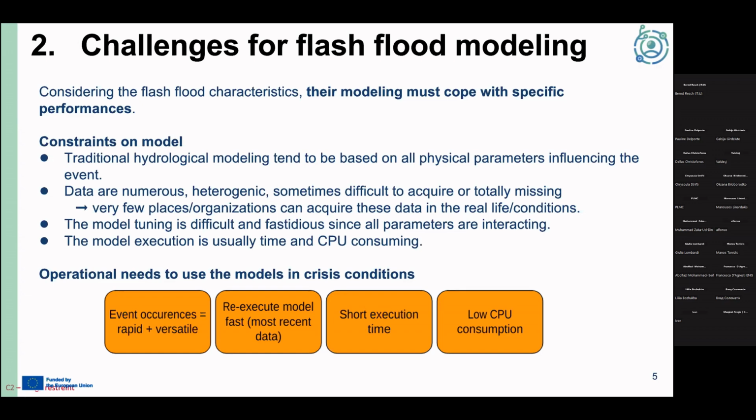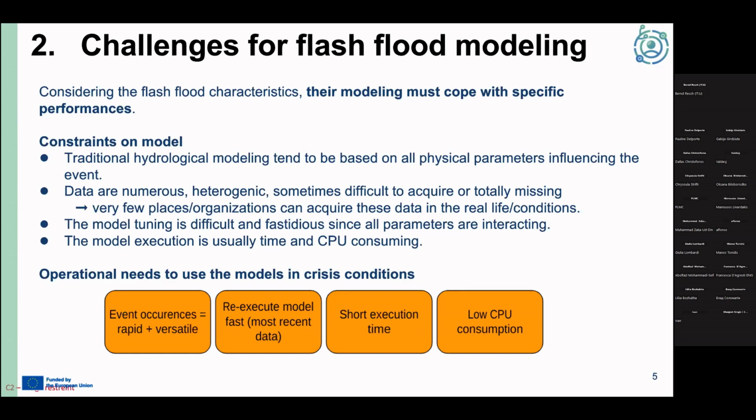And as we are talking about flash flood, it can be a bit constrained. And finally, the model execution usually takes a lot of time and is also very CPU consuming. So in our operational needs, we want to use models in a crisis condition. And we can see that these constraints are very complicated in our situation because our event is very fast.